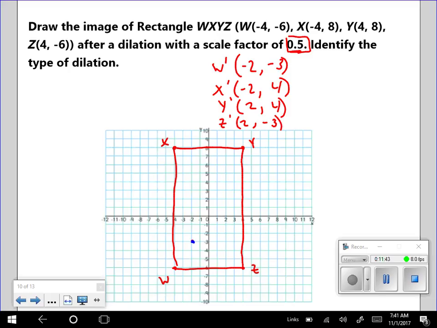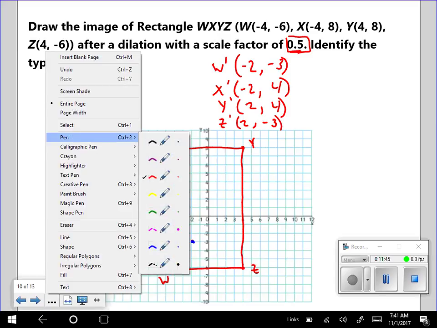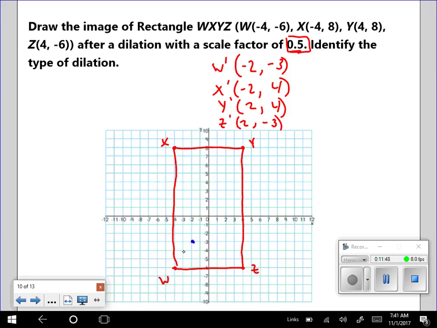Alright, so once I do that correctly, I've got W prime here, and then we got -2, 4, X prime, 2, 4, Y prime, and then 2, -3, Z prime.